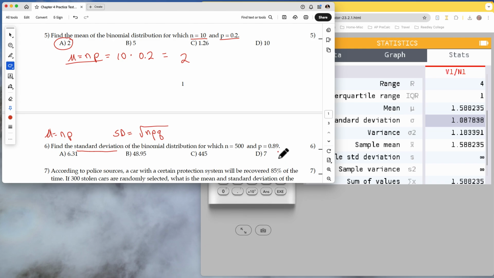So in this case, q is going to be equal to 1 minus 0.89. So Q is going to be 0.11. Okay. So to calculate it, square root 500 times 0.89 times 0.11.